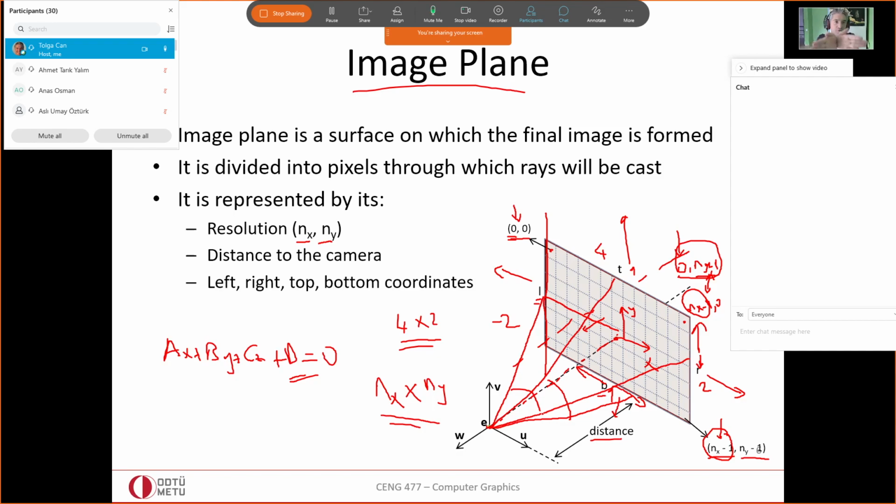They can be different, depending on the dimensions of your image window. Any questions up to now?